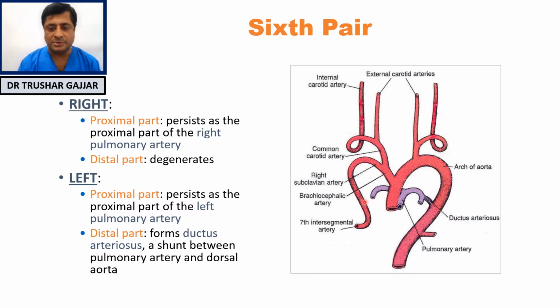The distal portion of the sixth arch on the right side disappears. On the left side, the proximal part will form the left pulmonary artery, and the distal part will form the ductus arteriosus, that is going to form the patent ductus arteriosus between the dorsal aorta and the left pulmonary artery.